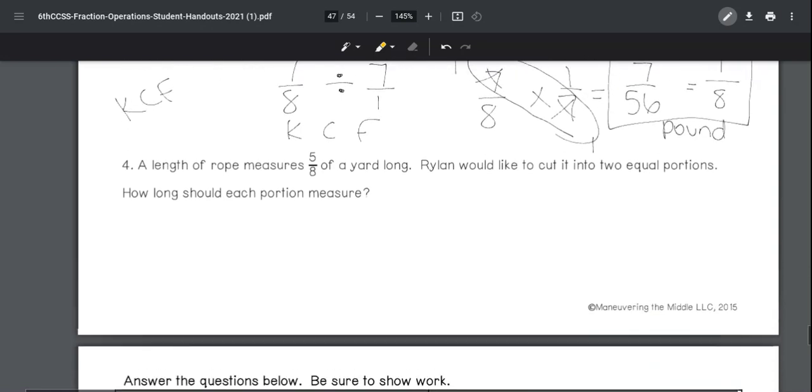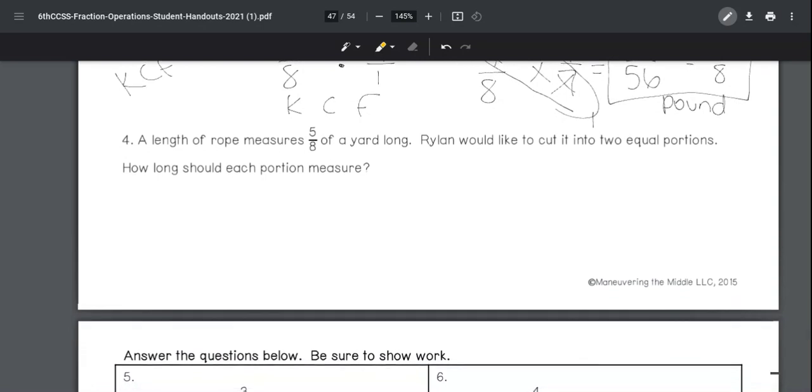Problem number 4. A length of a rope measures 5/8 of a yard long. Rylan would like to cut it into 2 equal portions. How long is each portion? So I'm going to take my rope, which is 5/8, and I'm going to split it into 2 pieces. So when we're dividing fractions, we use the keep change flip.